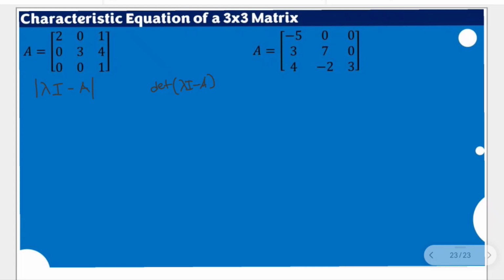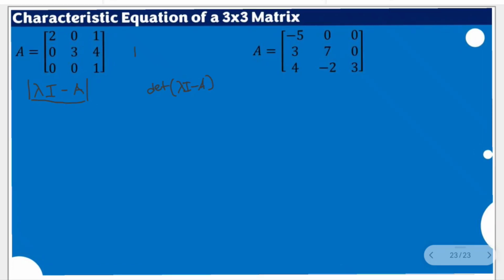But before we proceed with this expression, we have a certain I here, as mentioned. This is an identity matrix, pertaining to the size of 3 by 3. So since both matrices A here are 3 by 3 square matrices, our identity matrix is also a 3 by 3 square matrix. We have 1, 0, 0, 0, 1, 0, 0, 0, 1.